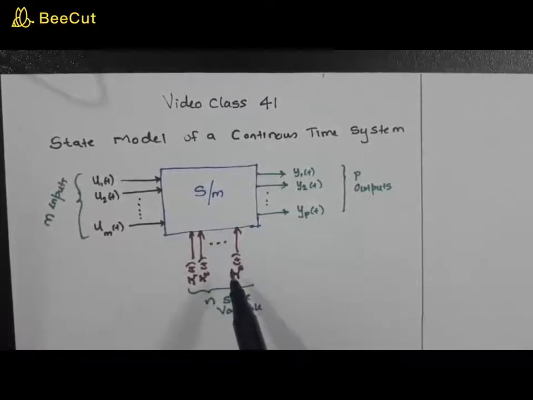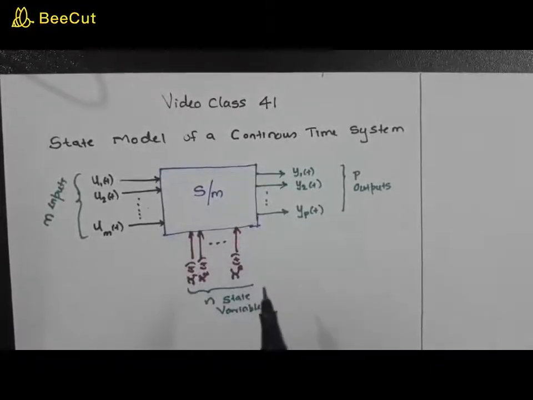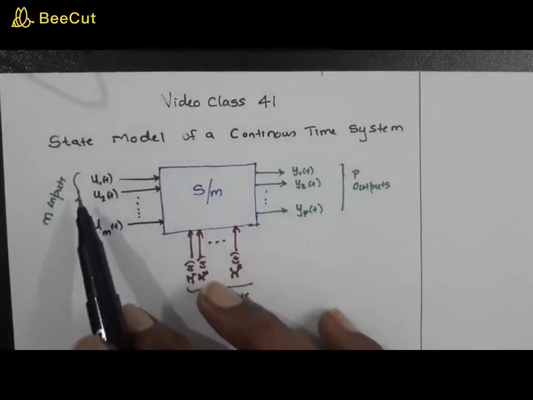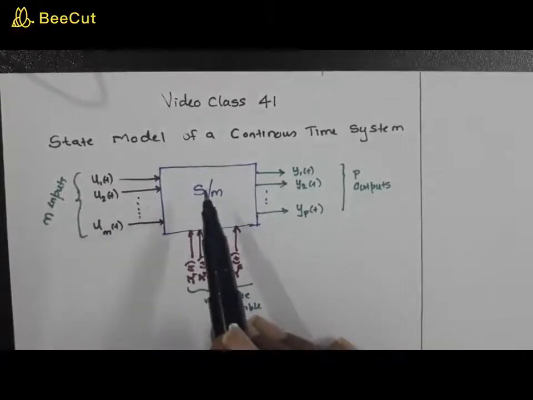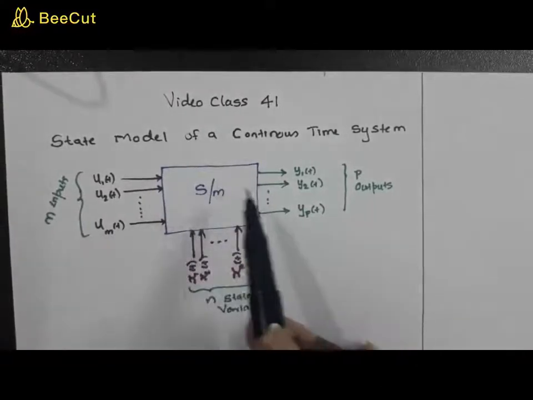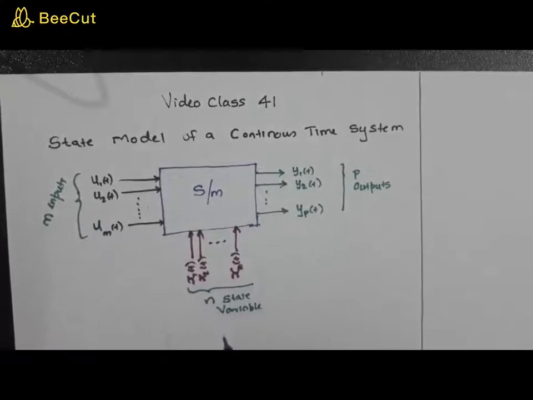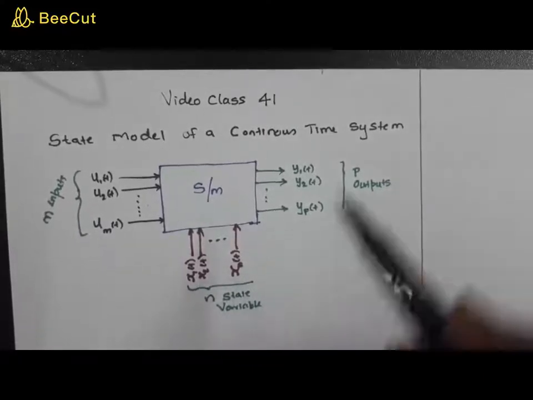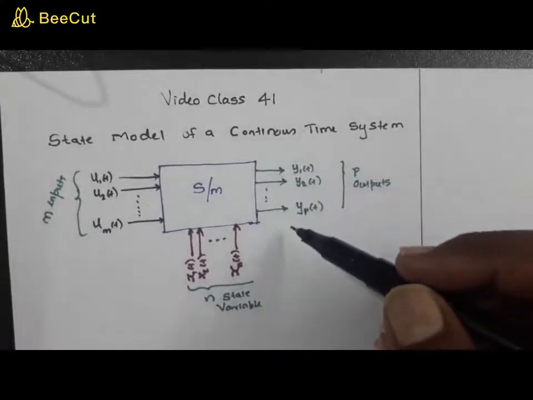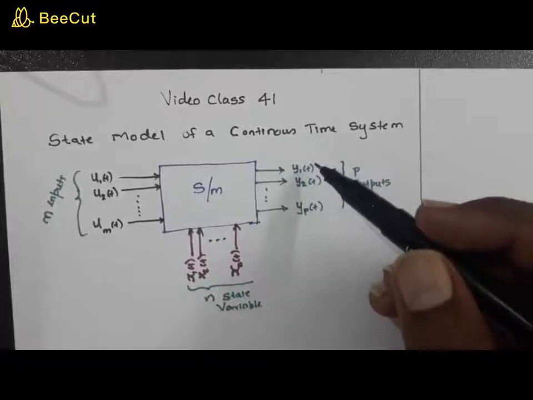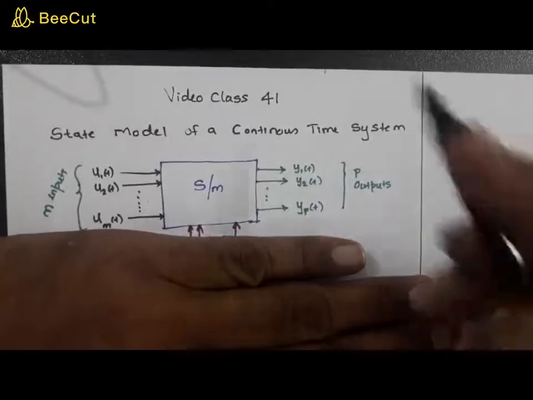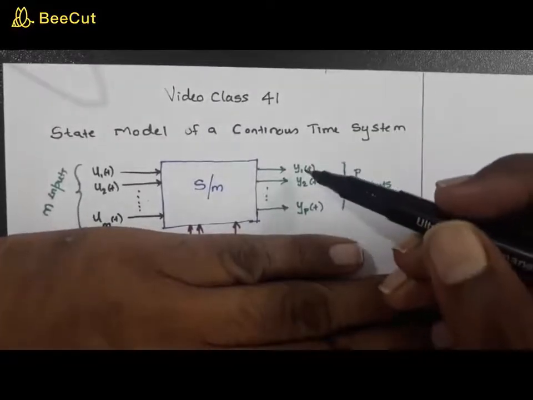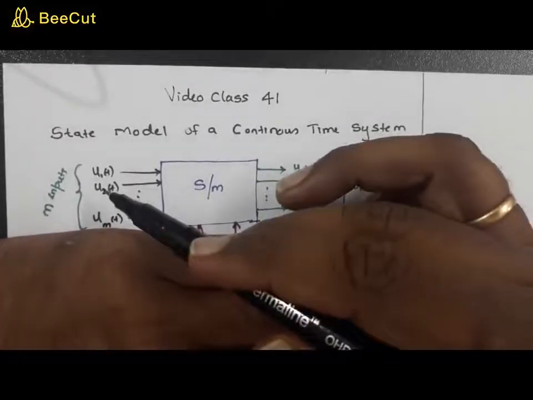As I've told you earlier, if you consider an electrical system with a capacitor, even if you are not giving an input, this particular system may have a capacitor voltage. That capacitor voltage can be a state variable, which also determines the output. If you are not considering this, we can see that the output only depends on the input.